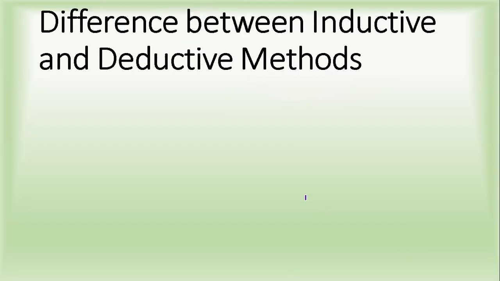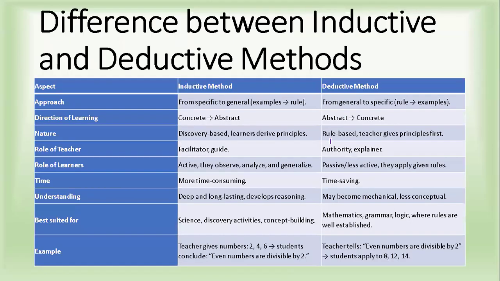Next, difference between inductive and deductive methods. See, aspect, inductive method, deductive method. Approach: from specific to general, or example to rule. This is general to specific, or rule to examples. Direction of learning.